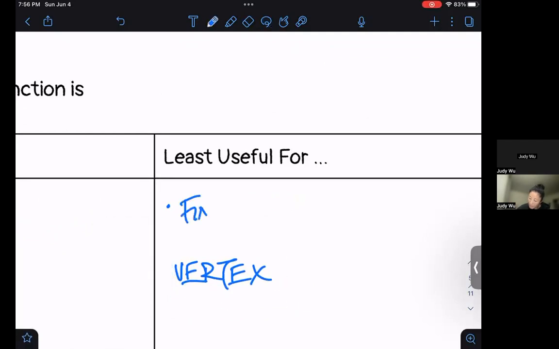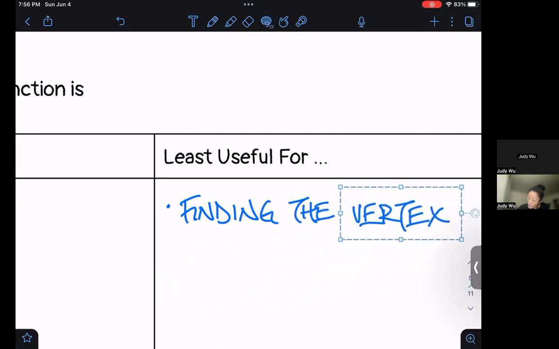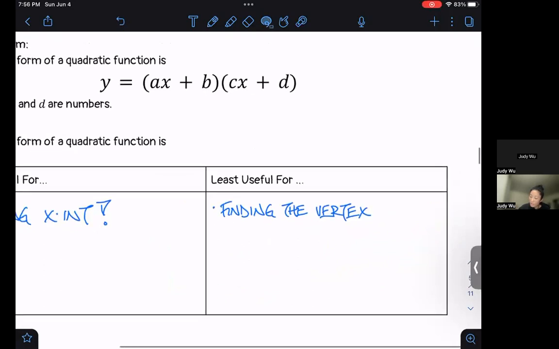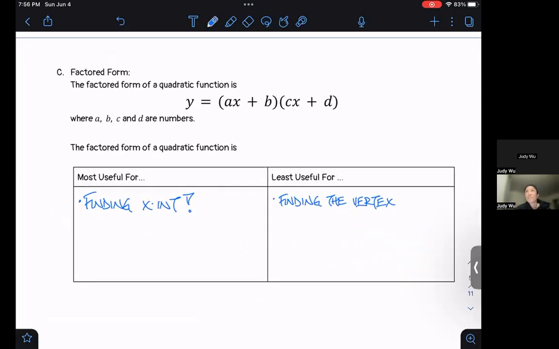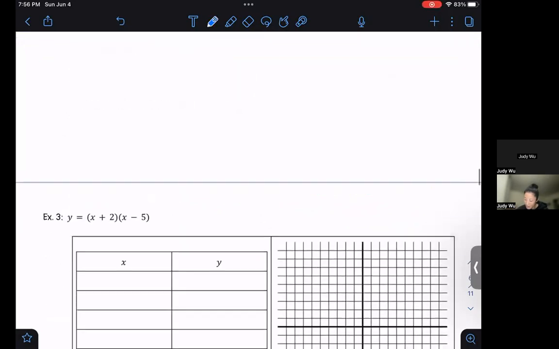Finding the vertex is actually a little bit harder. So the nice thing about having all these different forms is sometimes we're able to find things more easily, and sometimes we have to do a little bit of work, but altogether it helps us practice so many algebraic tricks and procedures, okay? All right, let's move on to an example.